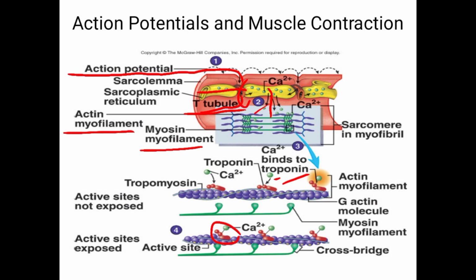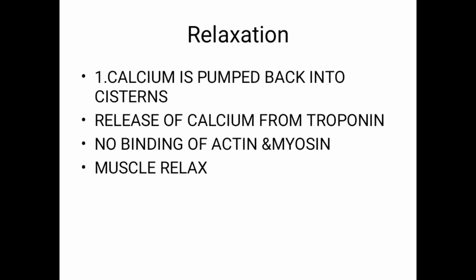You can see here the myosin molecule attaches to this and shows the power stroke. Cross bridges will take place and the I band will slide over the A band. The Z lines will come closer to each other. Shortening of the muscle is taking place. So that is muscle contraction.